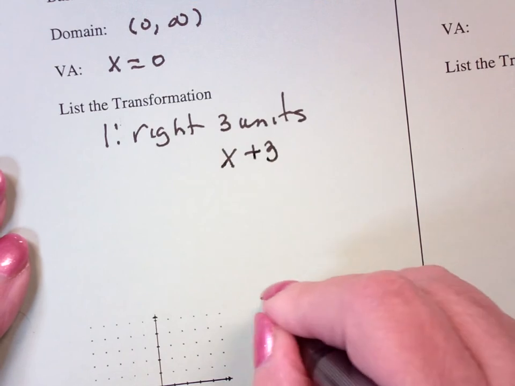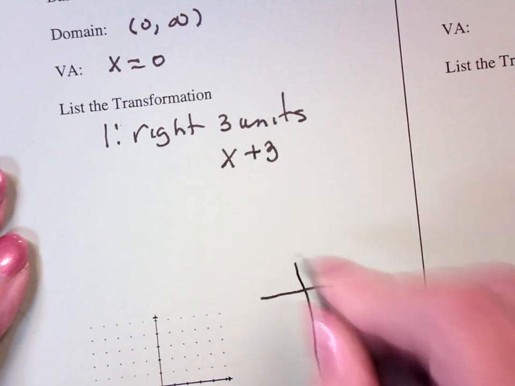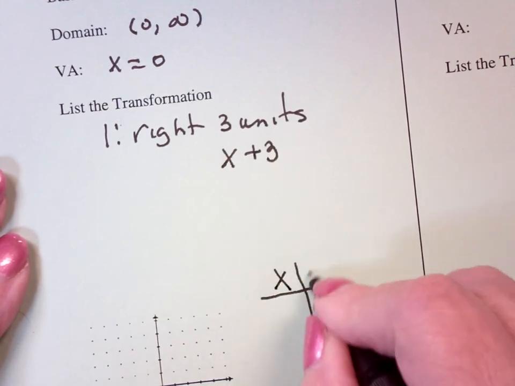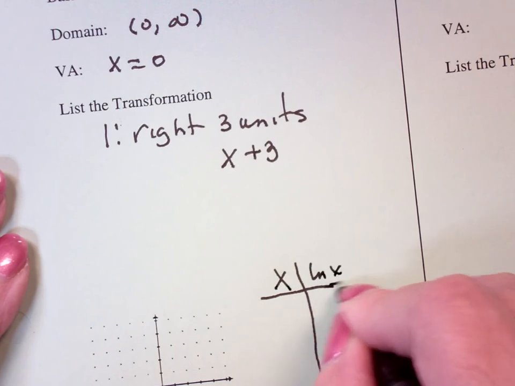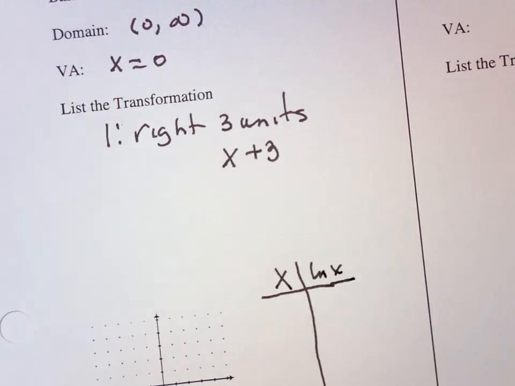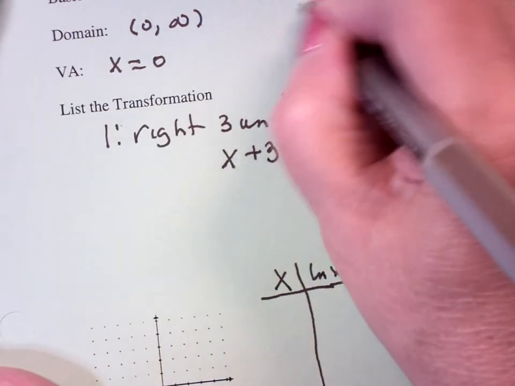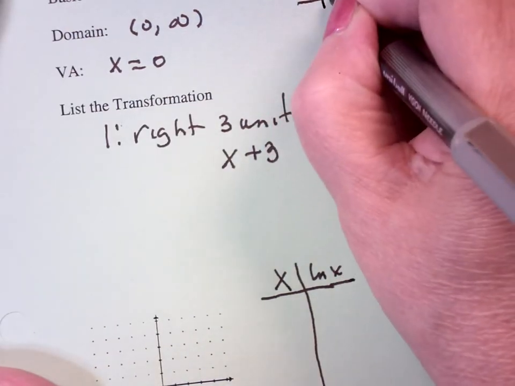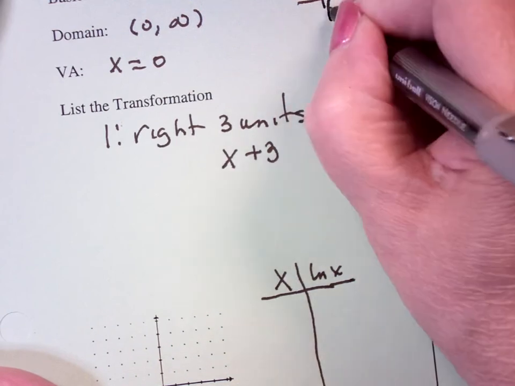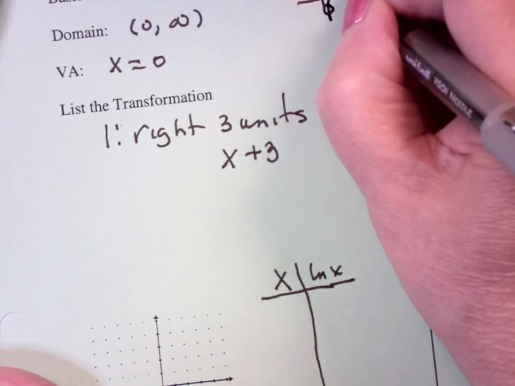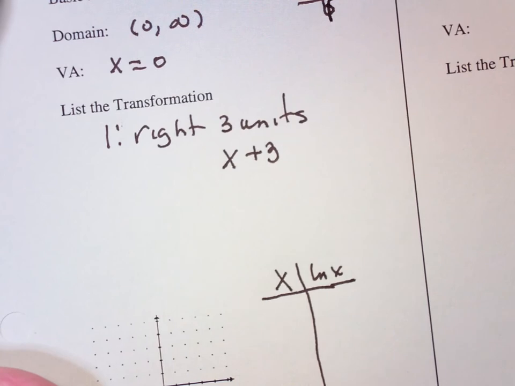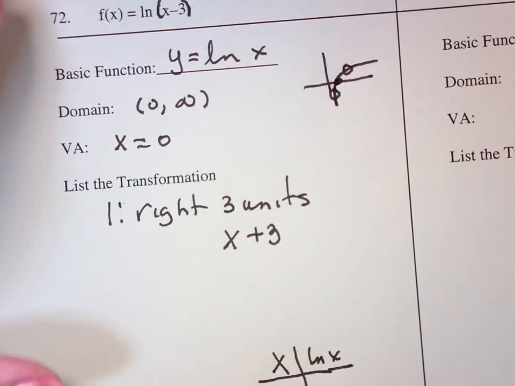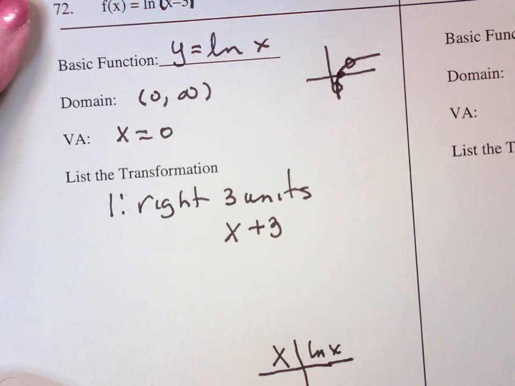So if I take a look at the basic function, and you say, well, what do we need out of the basic function? Well, if we remember kind of what logarithm looks like, it looks like the exponential. What I need are 3 coordinate points. I need the bend in the graph.